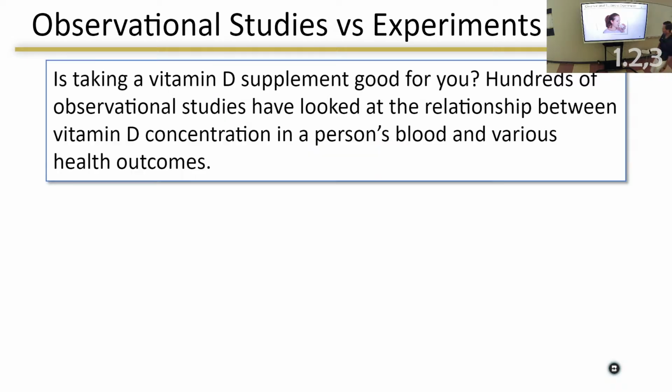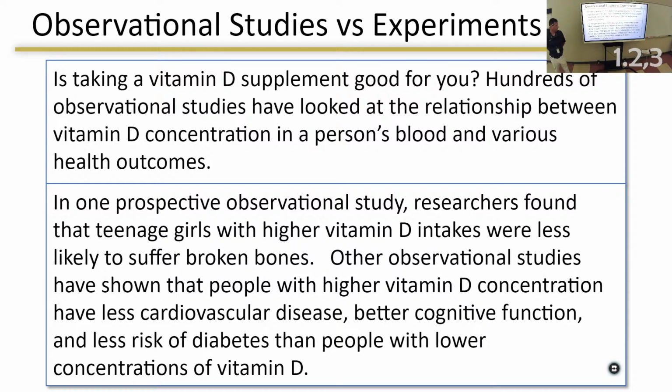Here we go. Some lady, is taking vitamin D supplement good for you? Most people say it is. Hundreds of observational studies have looked at the relationship between vitamin D concentration in a person's blood and various health outcomes. In one prospective observational study, researchers found that teenage girls with higher vitamin D intakes were less likely to suffer broken bones.